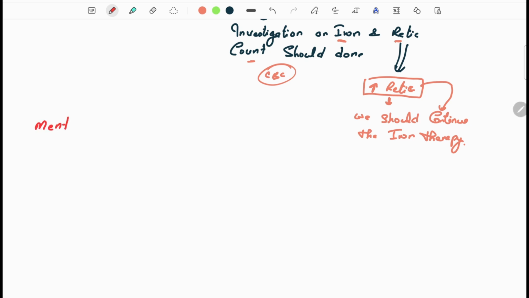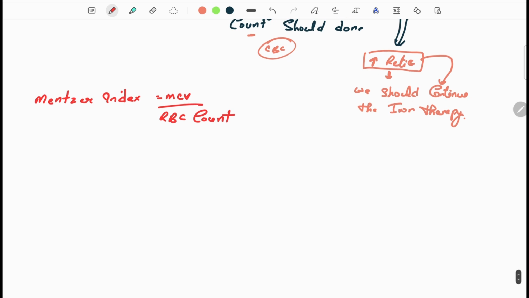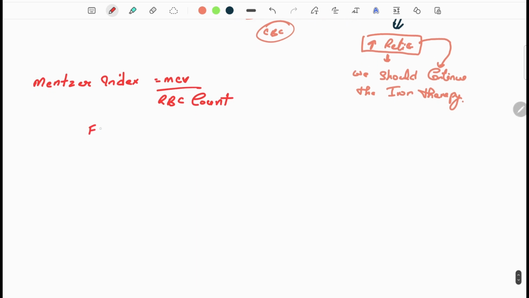So what is this Mentzer index? It is nothing but the MCV by the RBC count. And it is very important to differentiate between iron deficiency anemia and thalassemia.